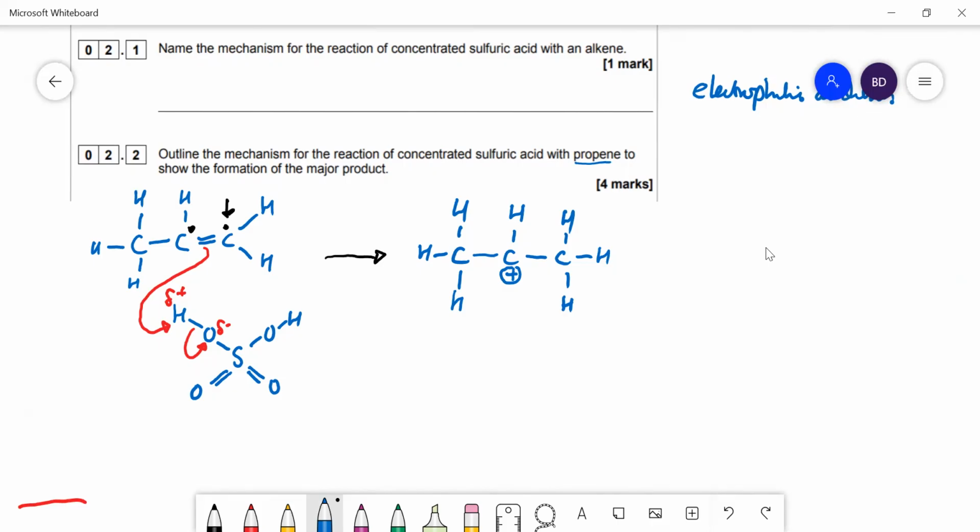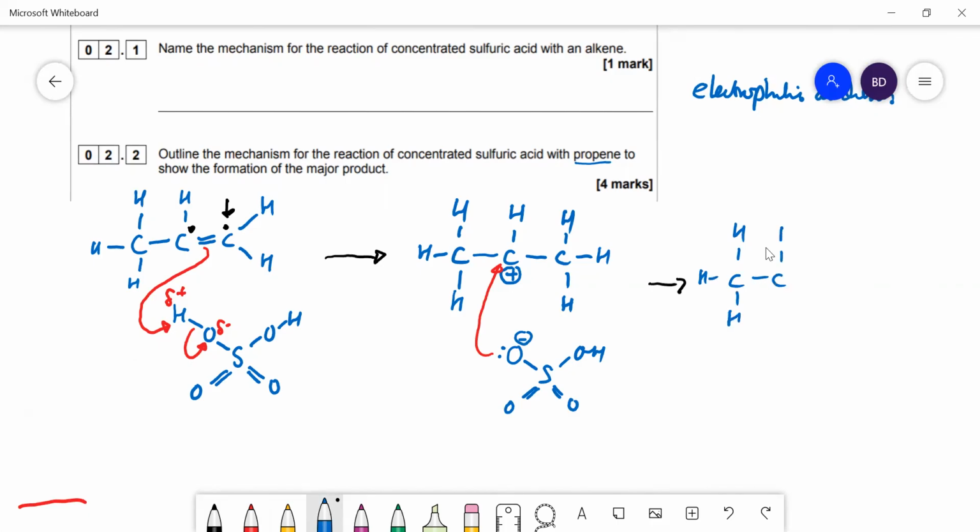Right, also what we've got there now is our hydrogen sulfate ion, just like that. And you've got a negative charge on the oxygen. So that pair of electrons goes onto the carbon there to give us the major product, which is the sulfonated intermediate.